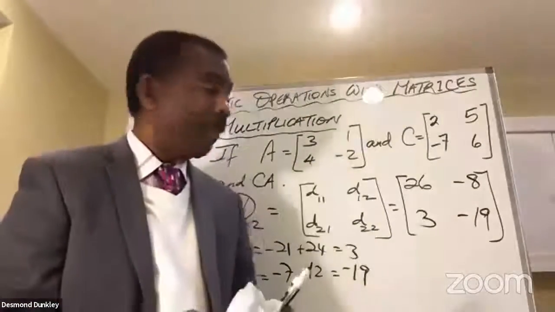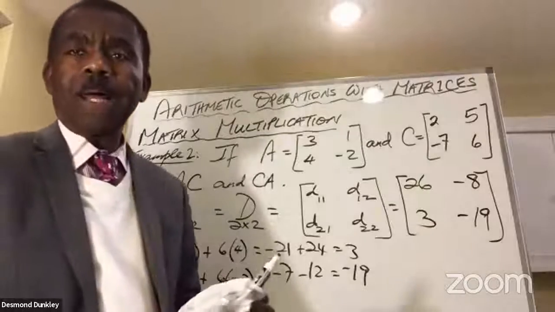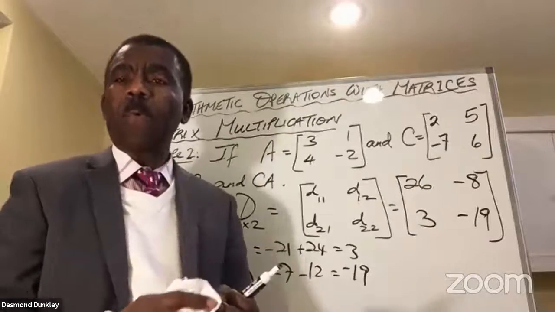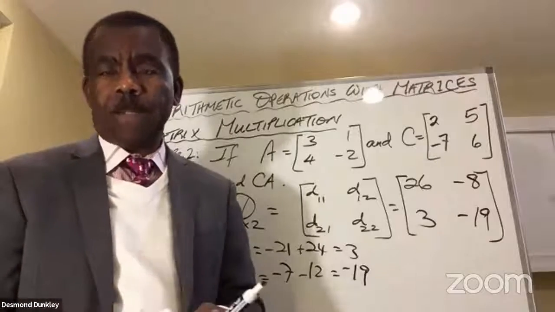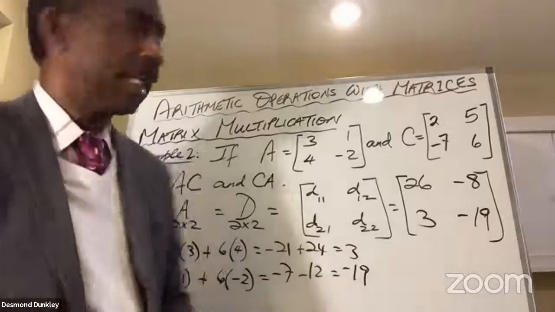Okay? So we have done 2 examples. And now I need to do one more, but this time I'm not going to be writing out everything the way that I did before. So we're going to look at another example.